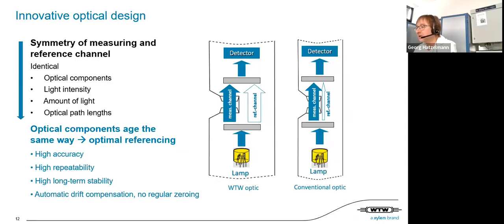Based on this, we don't need regular zeroing, because every kind of drift of components is automatically compensated. And based on this, we have high accuracy, high reliability, and a really long-time stable measurement technology.